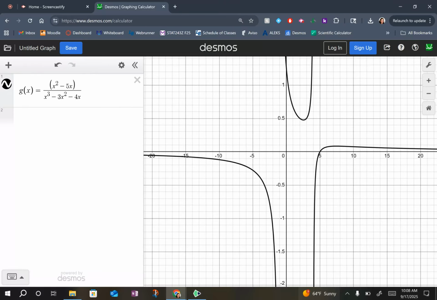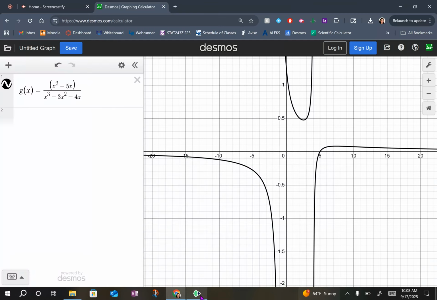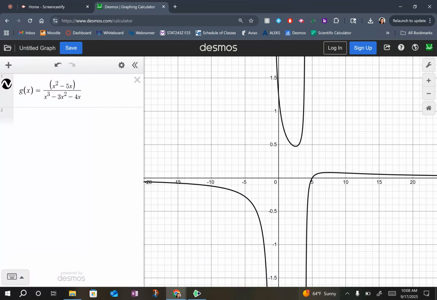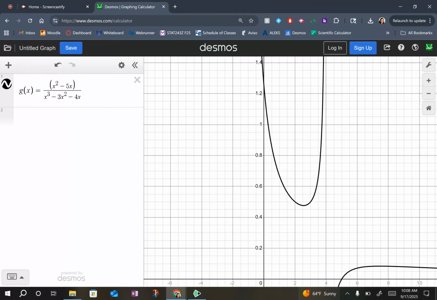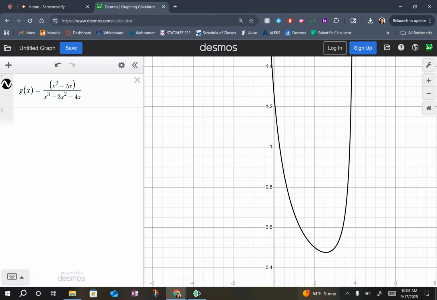Let's go ahead and put in all the things that we found. Let's talk about the hole at x equal to 0. Let's see if we can see it. Zoom in there. Look here at 0. It says 0 is undefined. See, there's my hole. That's what that looks like on Desmos when you graph a rational function that has a hole in it.